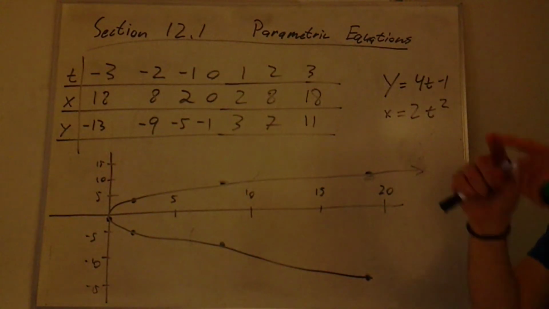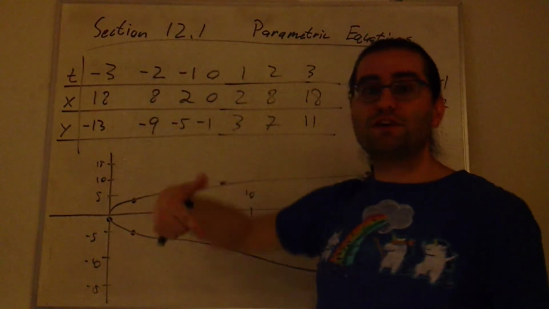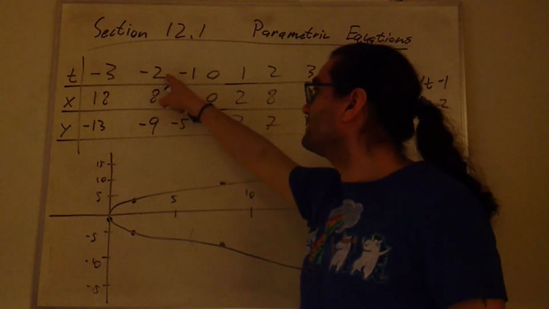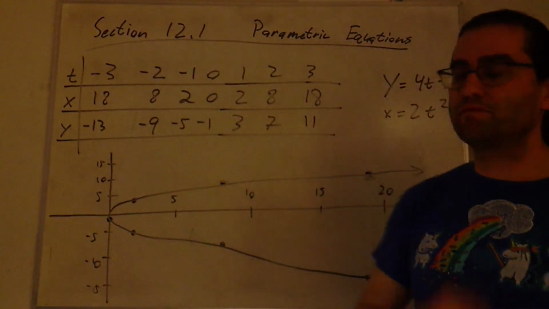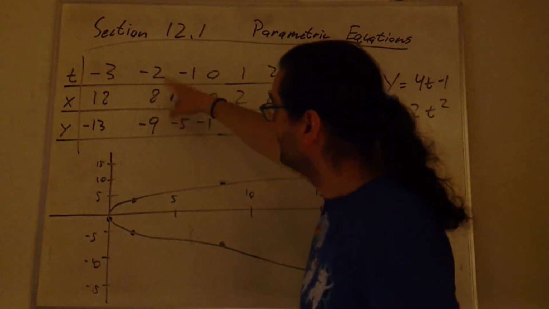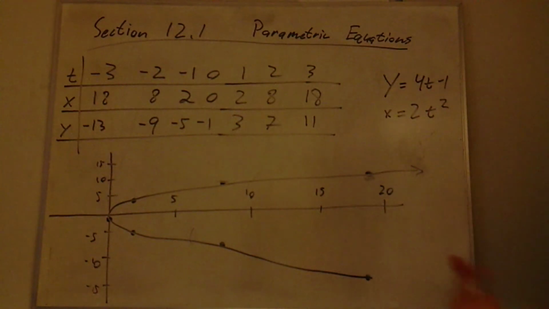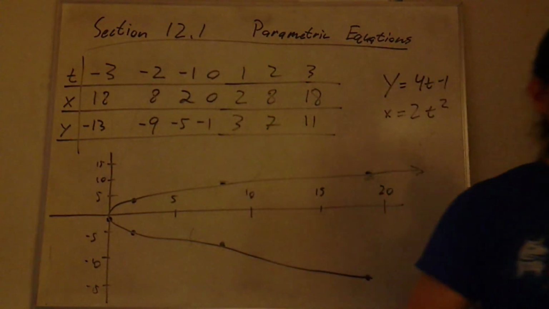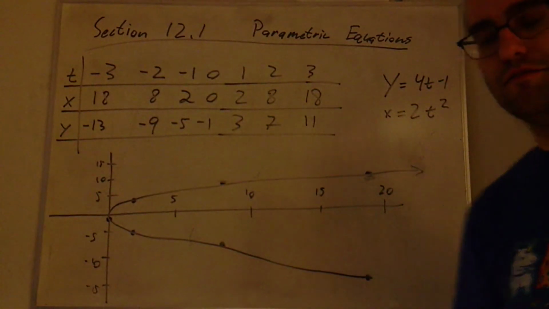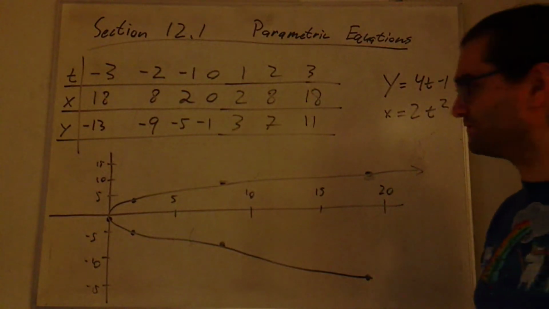The output is your entire point. This is your input. And so we still have this relationship. Each input is giving me exactly one output. That output is a point. There's only one point. The input t equals -2 can't give me any other point. I don't have options here. It's just this point, a single point by itself. So we're still good on the function clause.